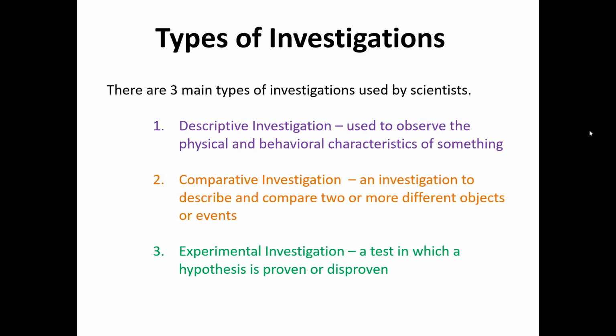Our second type of investigation is comparative investigation. This is an investigation that's used to describe and compare 2 or more different objects or events. This is used to show similarities and differences between things. Some people like to compare MJ, Michael Jordan, to LeBron James.